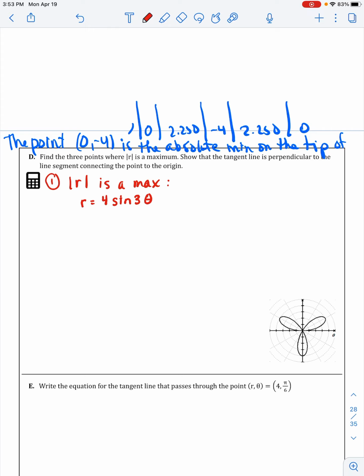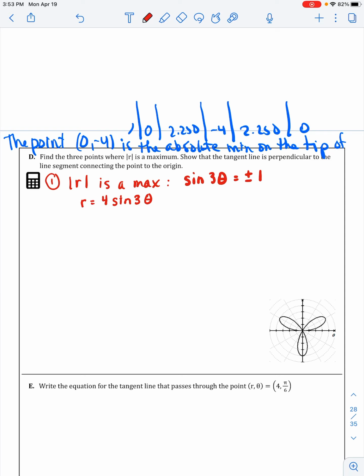So we know that the sine function is at a max at positive 1. And it says the absolute value of r, so that means we should consider positive 1 and negative 1. So we want to consider when this is positive or negative 1. That is when the absolute value of r will have a maximum.